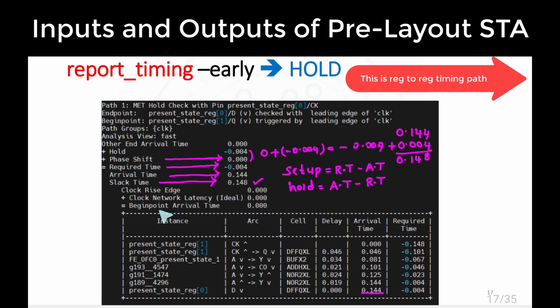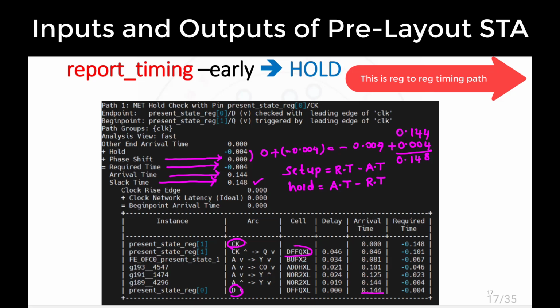If you sum those up, you get begin point arrival time as 0. These are the number of instances that are present, and these are the arcs. If you see here, this is from register to register, that is from the clock pin of a sequential circuit to the data pin of a sequential circuit. So it is a register to register timing path, and these are the cells that are present.